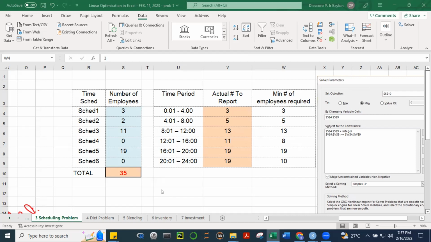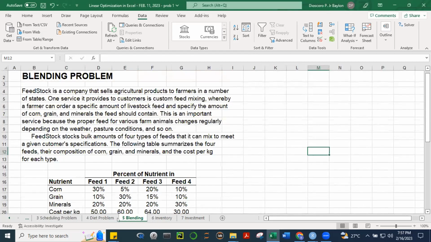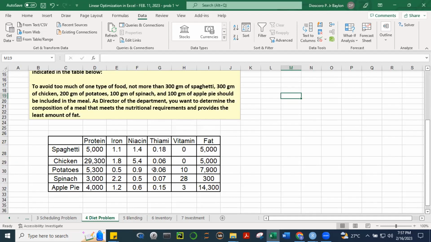Okay, by next meeting, I'll already be giving you your first case study, and I'm thinking of grouping you into groups of 2, so that the case study will be done as a group. All right. So let's go here. Okay, what's your preference? Diet problem, blending, or inventory problem? Maybe let's go first to this, I think it's quite easy.